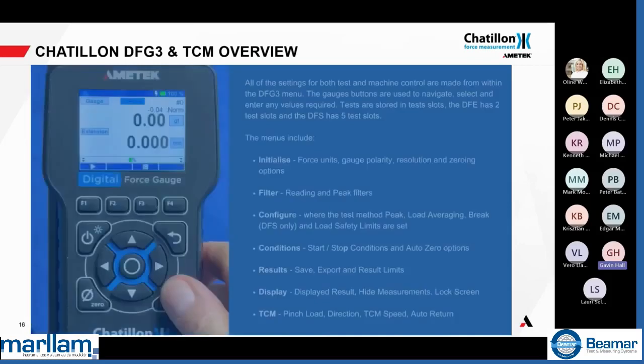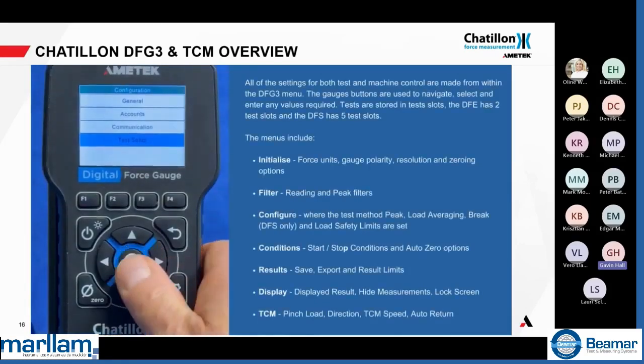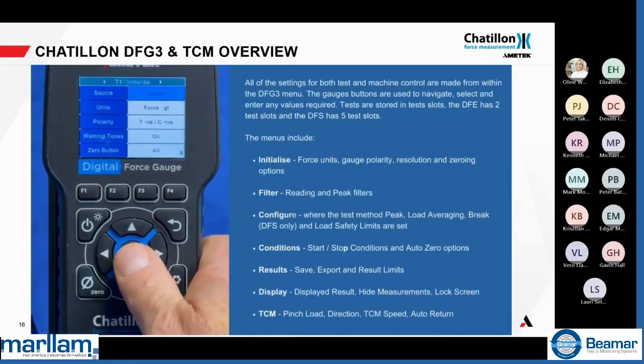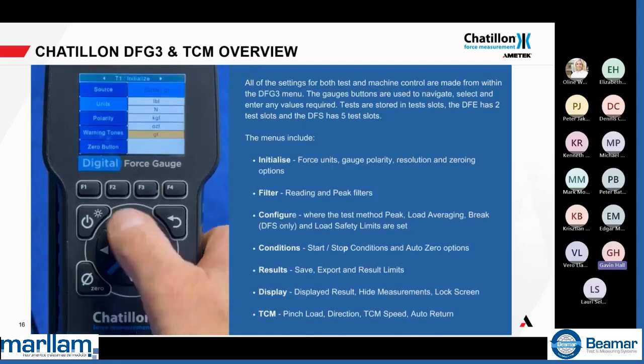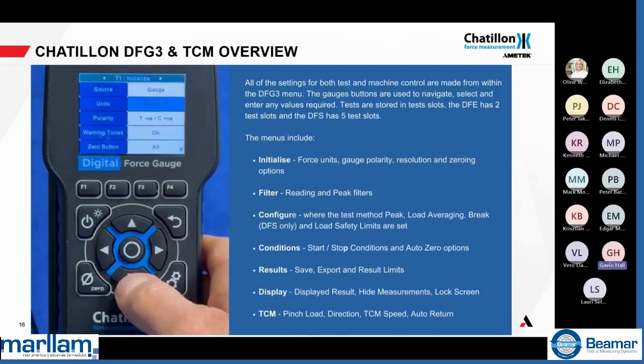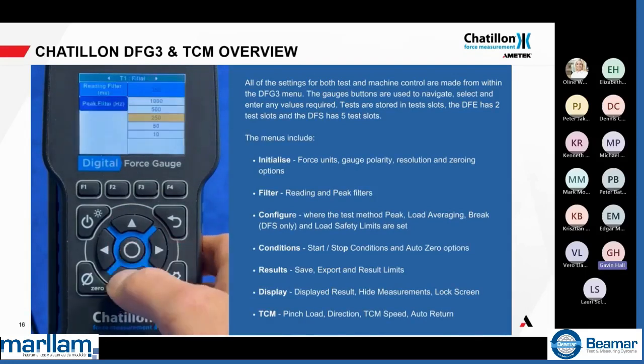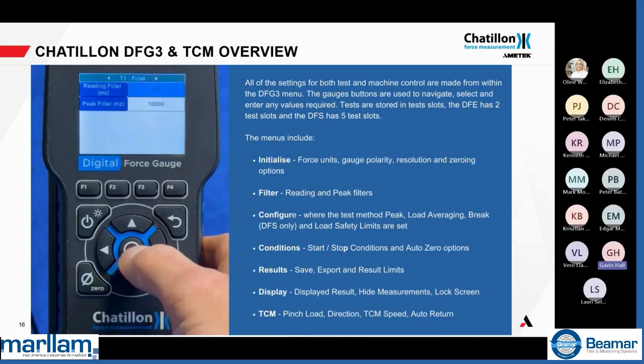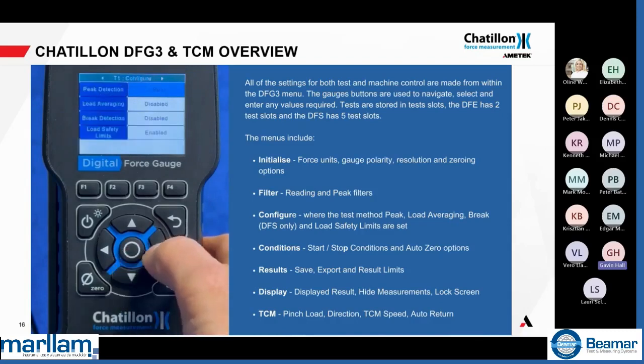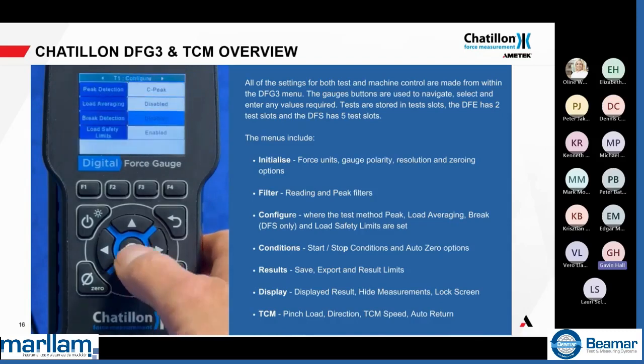We can do peak methods, load averaging. We can start and stop on certain functions, and we can store results within the gauge itself. The gauge can be used as a storage device for any results. And obviously there's a home screen display to give you the load and extension.